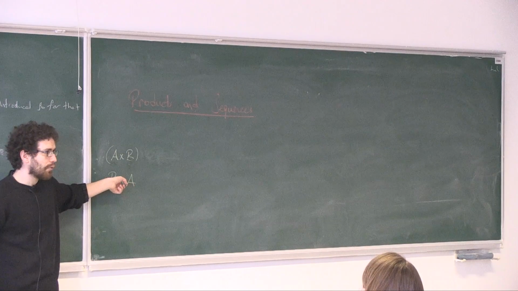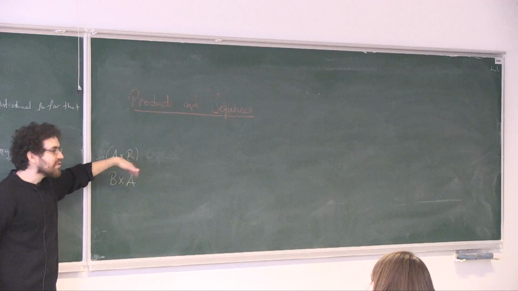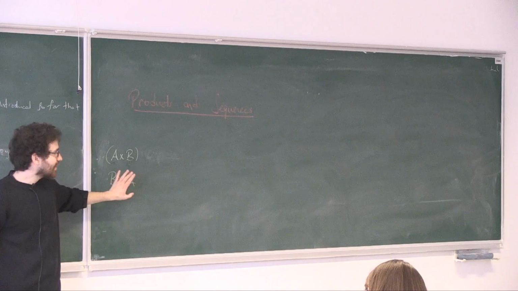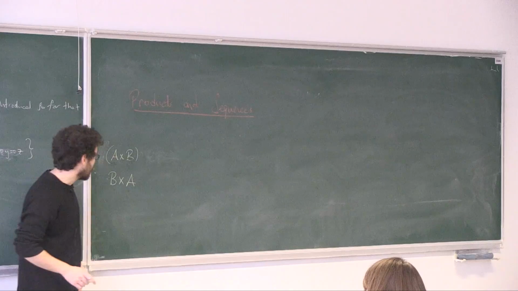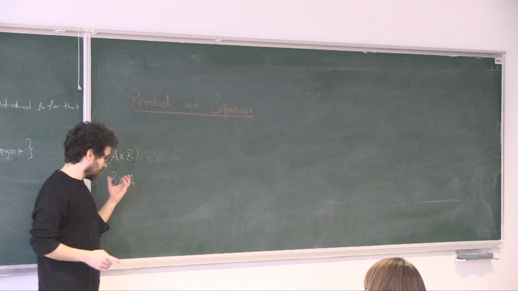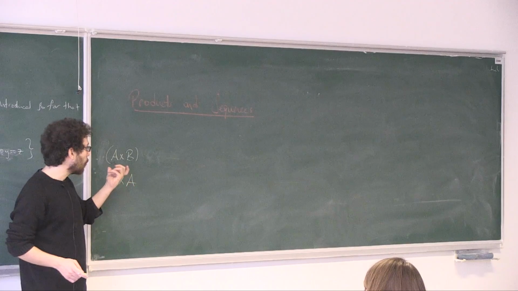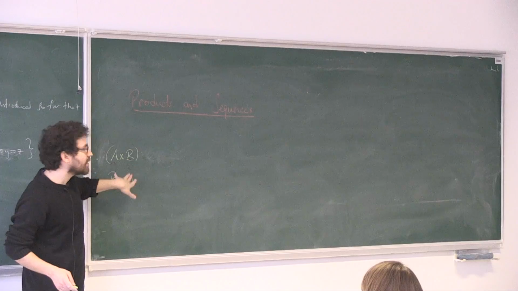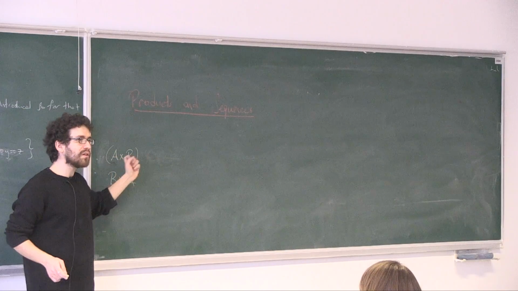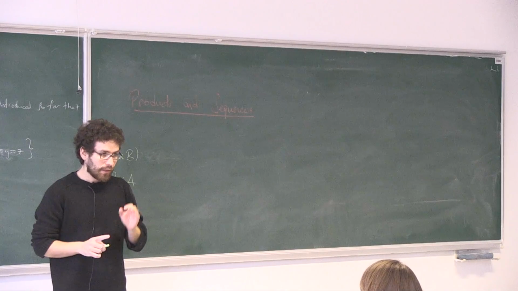Over here, the first components come from B, the second components come from A. There's a bijection between them, but they're not really the same object. In the set theoretic universe, they're different objects. What that tells you is that if you want to take Cartesian product, you need to have an ordering. Obviously there's a bijection between them, but as objects, they're different.